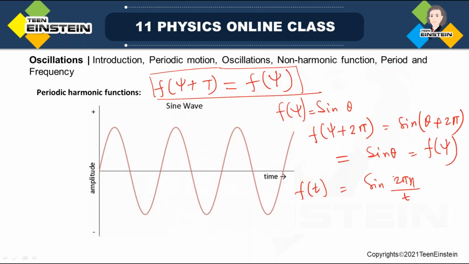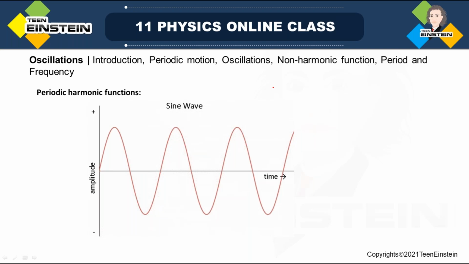If this is a function, after a time interval of capital T, we can write sine of 2 pi n by t plus capital T. Just a minute, we are taking an example.